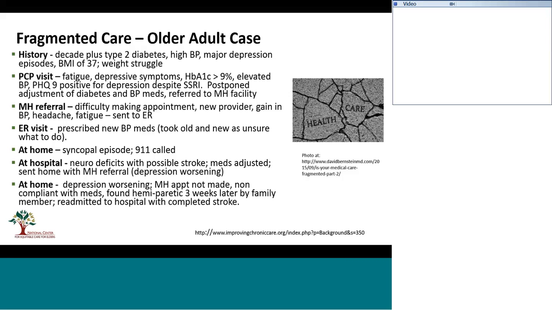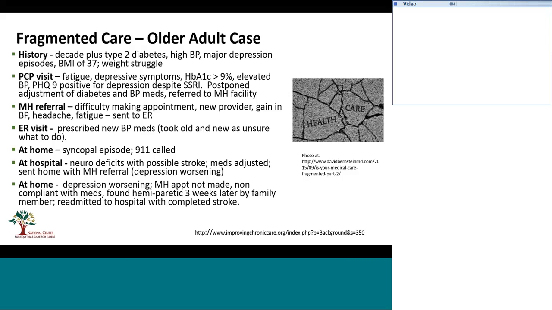And on her recent visit to her primary care doctor for progressive fatigue and other depressive symptoms, she was found to have a hemoglobin A1C level of greater than 9%, close to 10%, a blood pressure of 190 over 106, and a PHQ depression screening score suggesting that she had major depression, even though she is taking an SSRI.